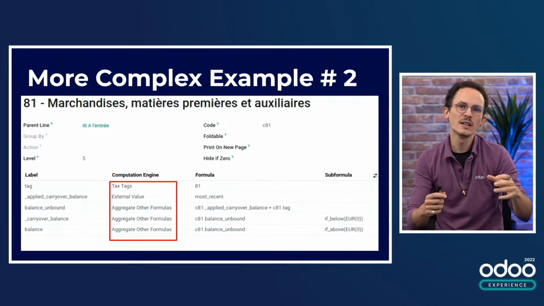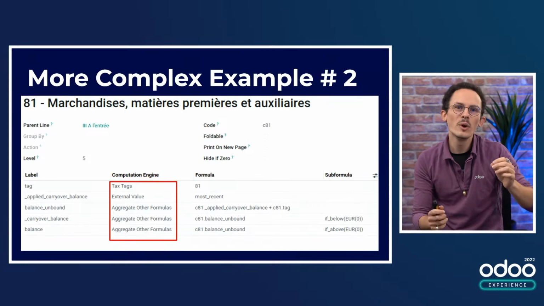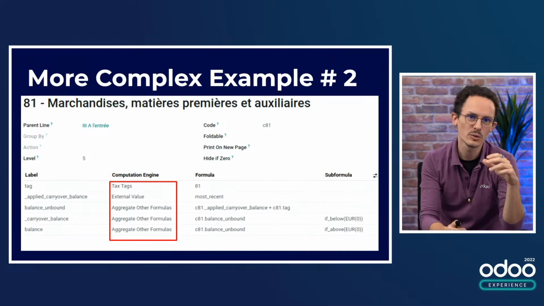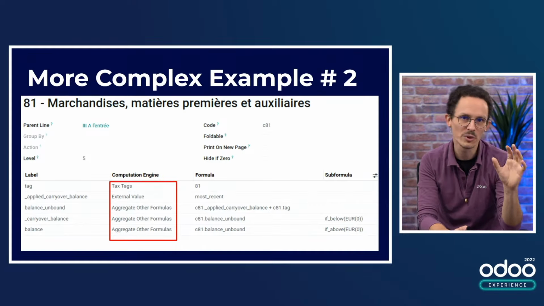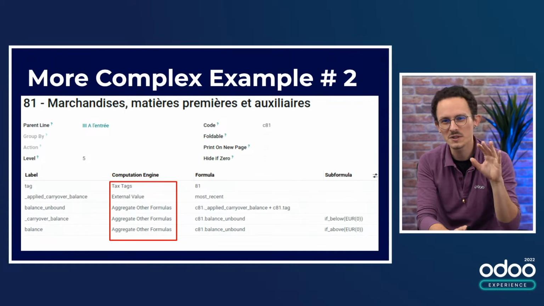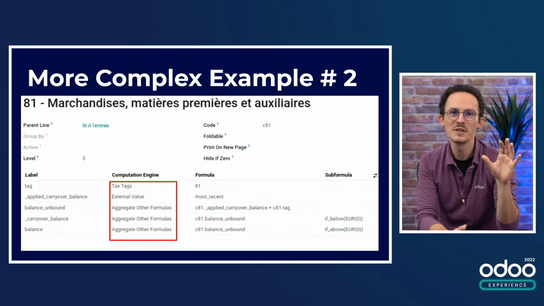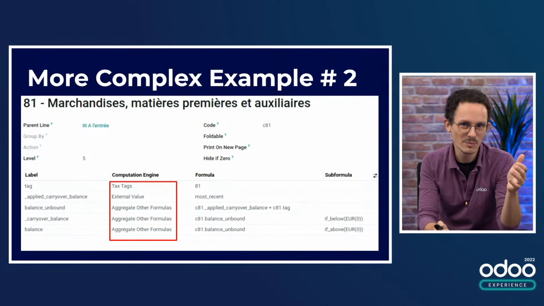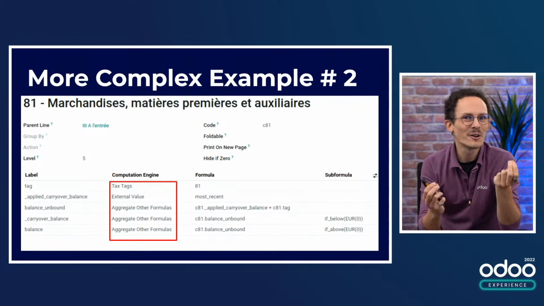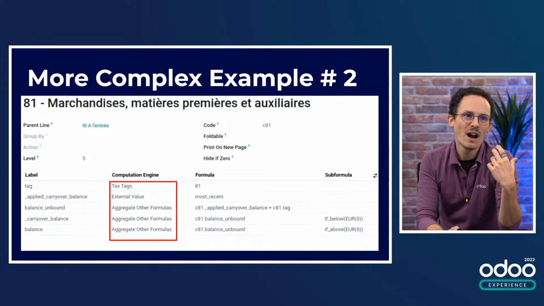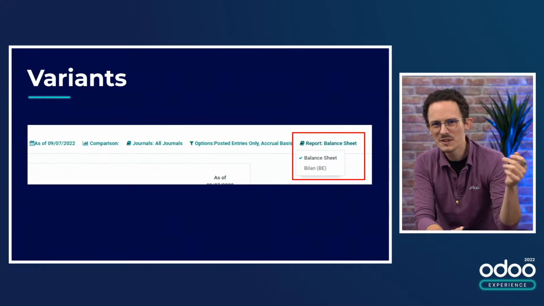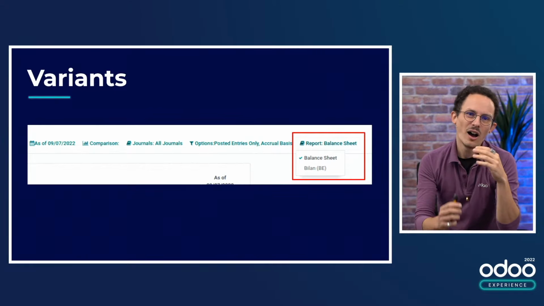And this is handling the carryover feature and the way these amounts will be displayed in the interface with little pop-ups and this kind of thing. So you have a bunch of reserved prefixes like that to handle those cases. But what's important here is that we are using multiple computation engines to compute different amounts on the same line. And so that's where the power of the new engine comes, because you can now mix things coming from different engines. So let's go for something totally different now, variance.